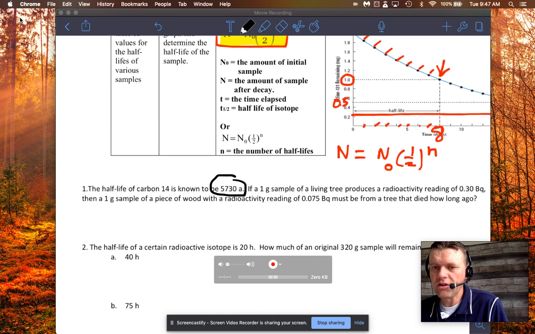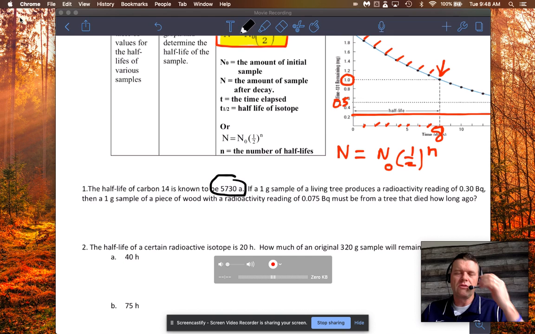Anyway, so there might be some weird rate that you're not familiar with, but all you need to look for is the original amount and then the amount that's left over. And with carbon-14, they always compare to the original sample, which would be a living sample, because in a living sample, like you and me, we're exchanging our carbon atoms all the time.